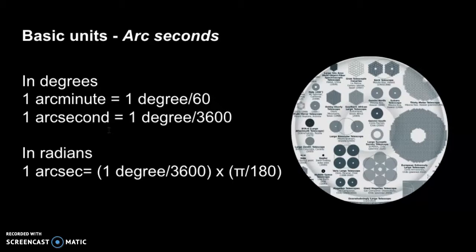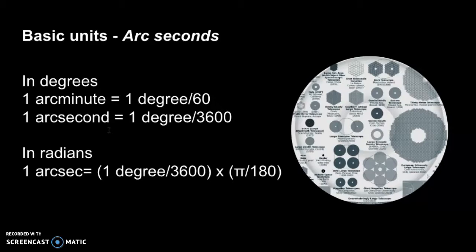So what we're looking at here are tiny fractions of a degree based on the 60-second breakdown of the clock. So the arc minute would make sense, would be 1 over 60, and the arc second would be 1 divided by 3,600.